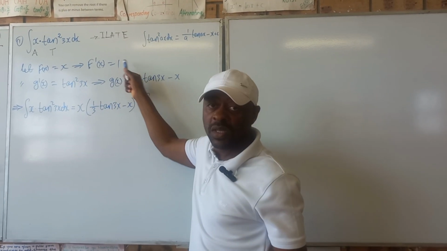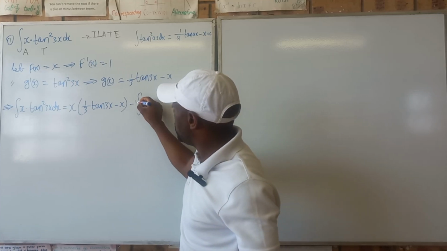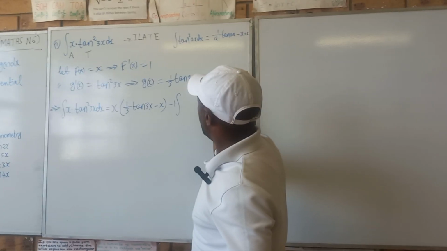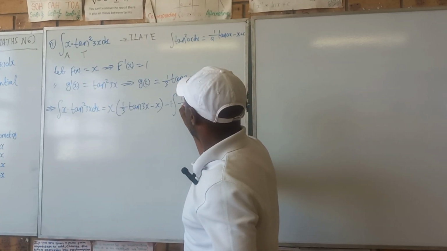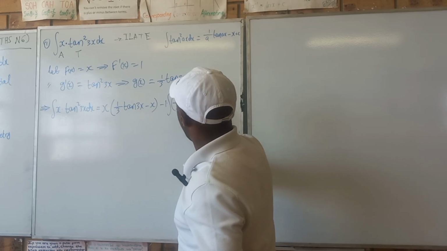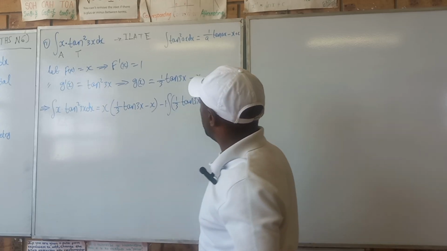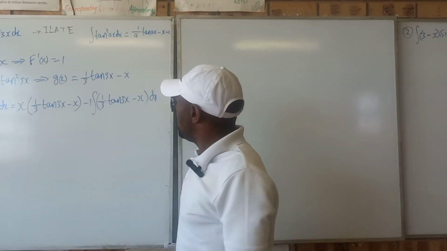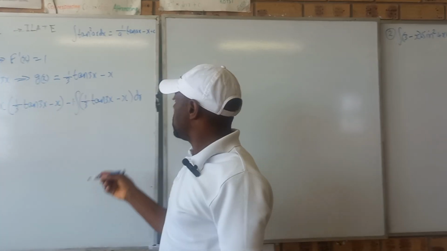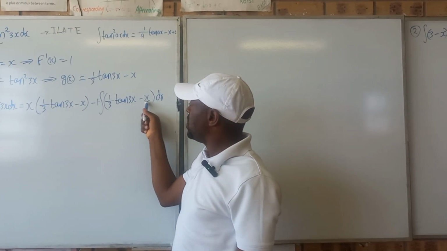Your f prime is a constant. We practice sending all constants out. Then your g is that difference, so I'm integrating 1/3 tan 3x minus x. Looking at that, it's no longer a product because our f prime was a constant. We don't integrate a constant. So all I'm left with is to do this integral.